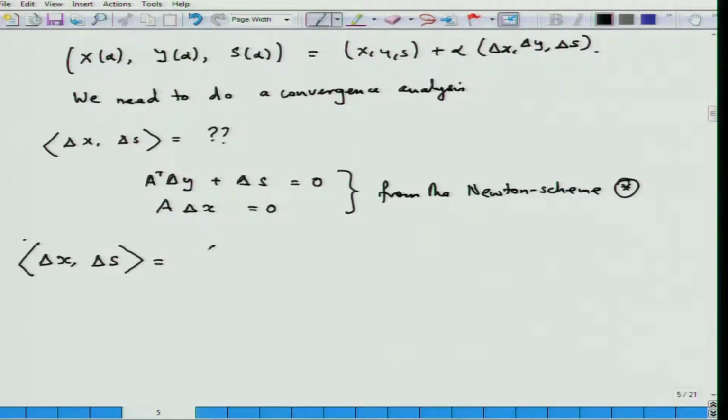Now, this means delta s I can write from here, which is nothing but minus A transpose delta y.